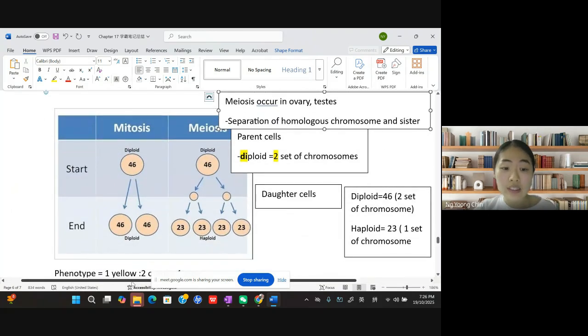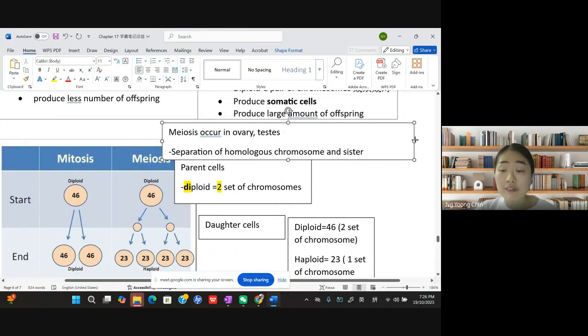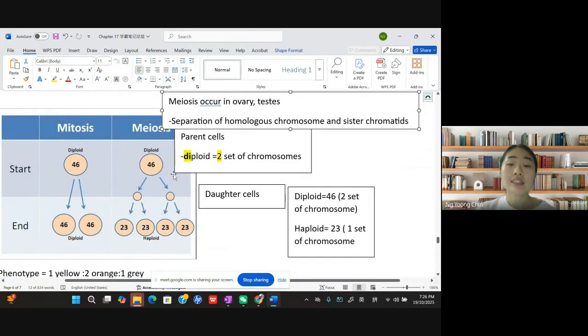So that's why at the end you produce daughter cells which only have half of the chromosomes. So you only have about 23 instead of 46. Any cell that undergoes meiosis only has half.